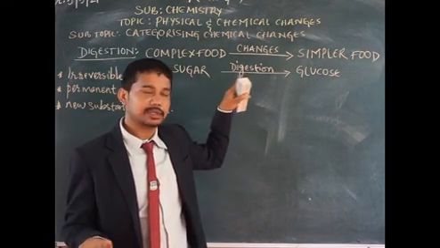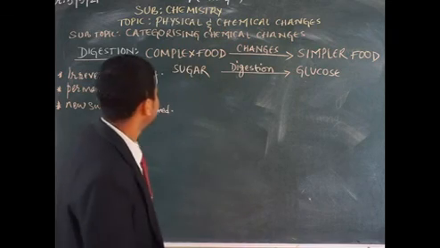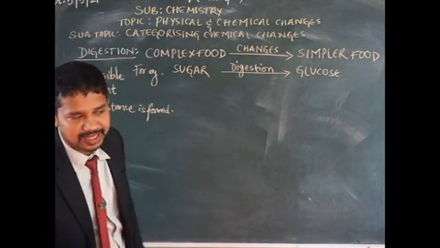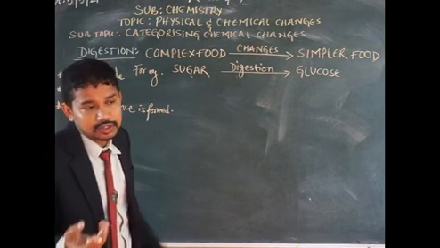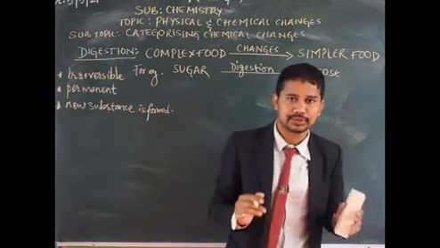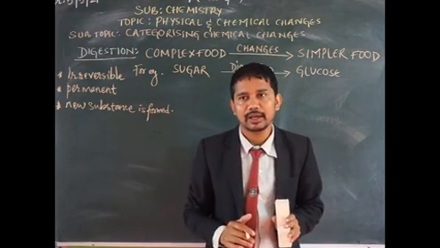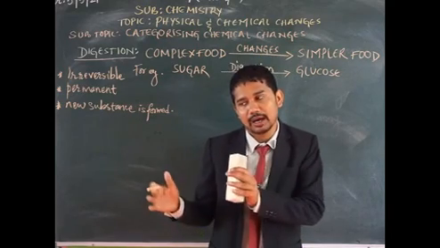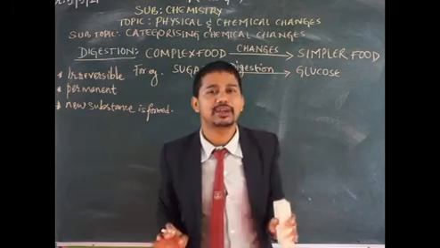If we see the molecular composition, in a chemical change the structure, the arrangement of atoms, and the number of atoms change. For example, in water, hydrogen combines with oxygen to give H2O, so the arrangement of atoms changes.